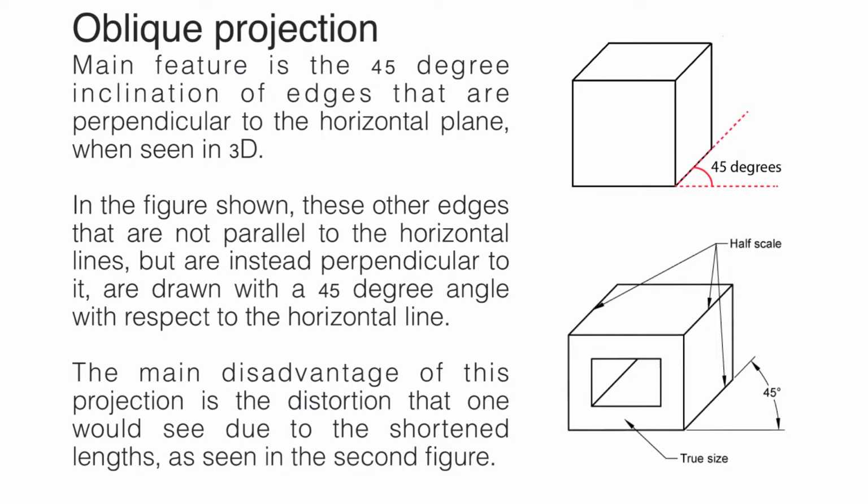With this shortened length of sides, it will definitely create some form of distortion. Even though this object is a regular cube, when captured in an oblique projection, one will notice that this is actually not the same length as this.